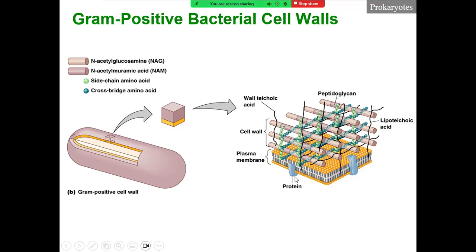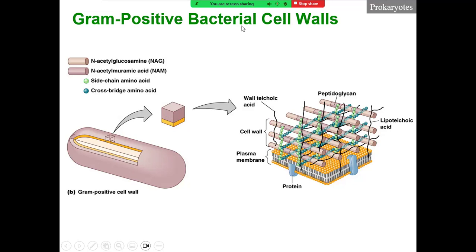But it does have carbohydrates and proteins in it, and there's a protein there and a protein there. And outside of that is a very thick layer of peptidoglycan, showing you multiple layers of peptidoglycan, something like 30 to over 100. The main molecule is peptidoglycan in the cell wall of a gram-positive bacteria cell.